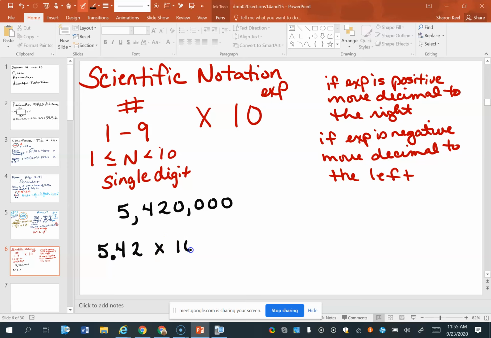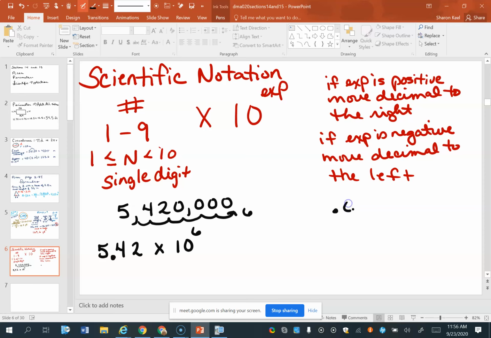Then it's going to be times 10, and what is my exponent? Right now, the decimal technically is on the far right side. So it would move 1, 2, 3, 4, 5, 6 places. So my exponent would be 6, because I count the number of places that it would move in that direction.